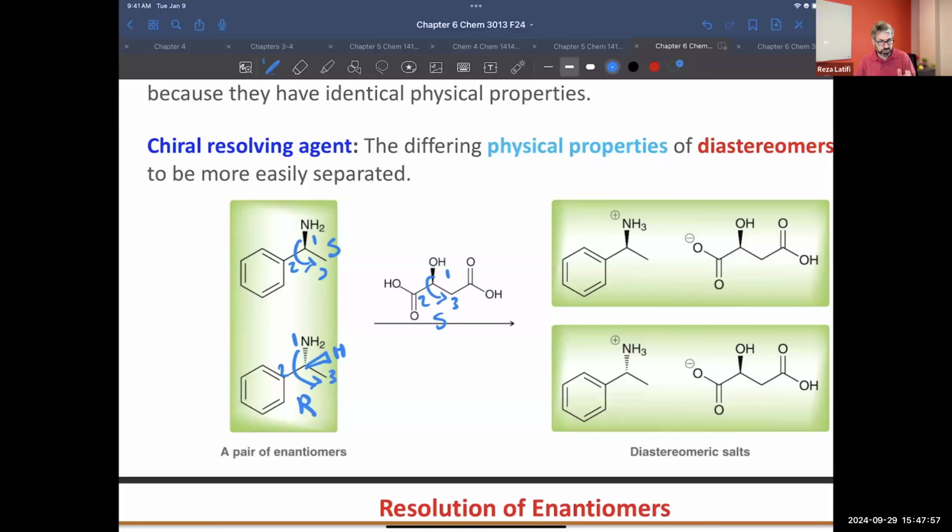So I have two enantiomers, and I'm treating them with a chemical compound that has S configuration. What do I get? I get S, and this one is S. And here we got R, but that one still is S. Look at this. One of the stereocenters got flipped, but the second remained the same. Now, what's the relationship between number 1 and number 2? I'm going to say number 1 and number 2 are diastereomers. And because they are diastereomers, I can separate them because they will have different physical properties.